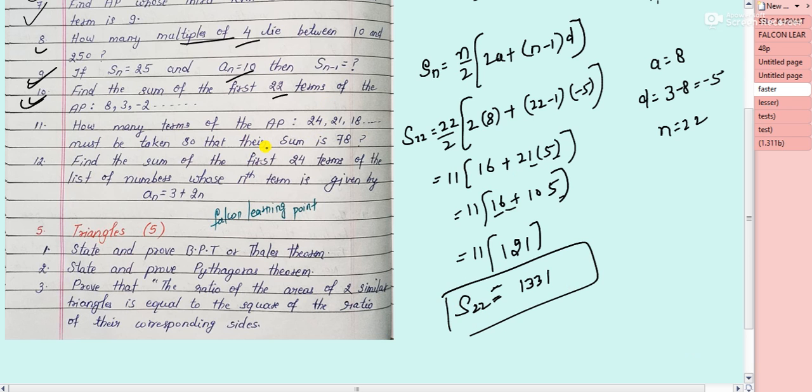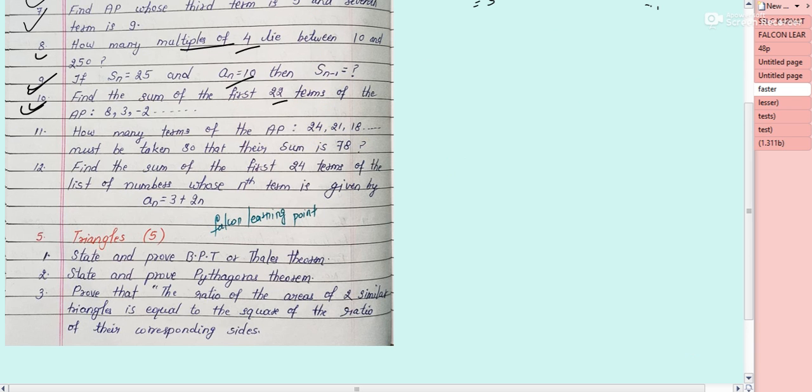Moving to the next question. So the question says, how many terms of the AP 24, 21, 18 must be taken so that their sum is 78? So Sn, again you have to use this formula. Okay, here instead of giving n they have given Sn.